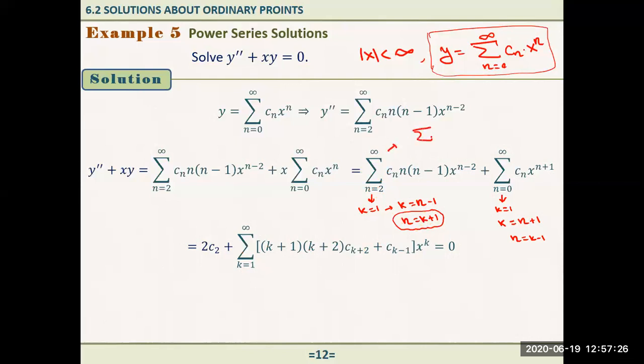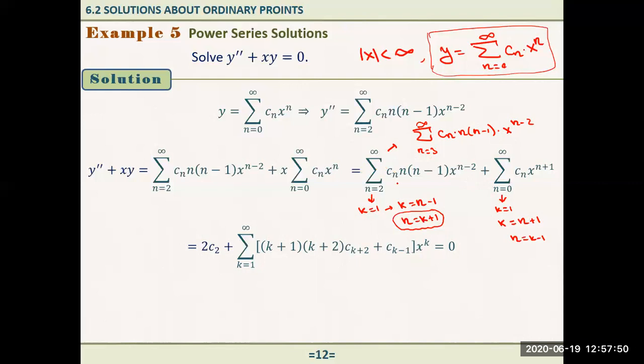Now here we have something like this: sum over n equals 3 to positive infinity, c sub n times n minus 1 times x to the power n minus 2. Instead of n, we just substitute k. Here we have n equals 3.